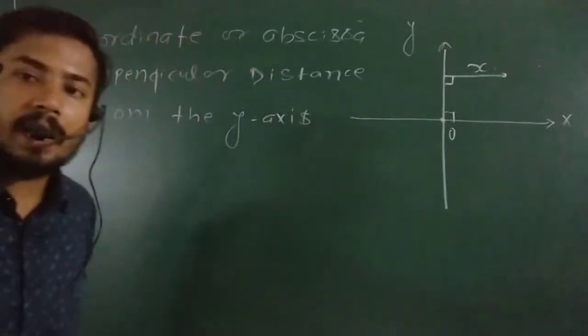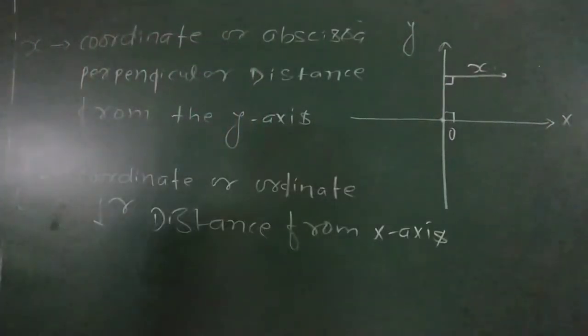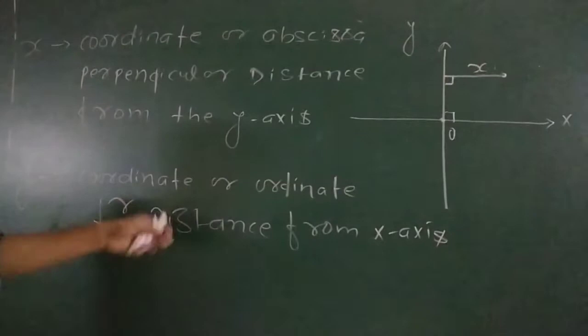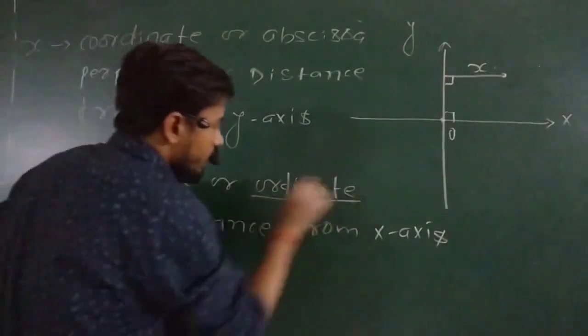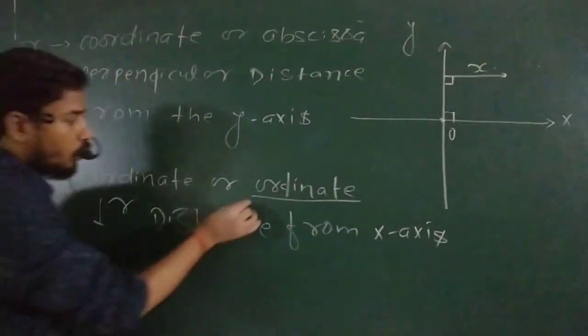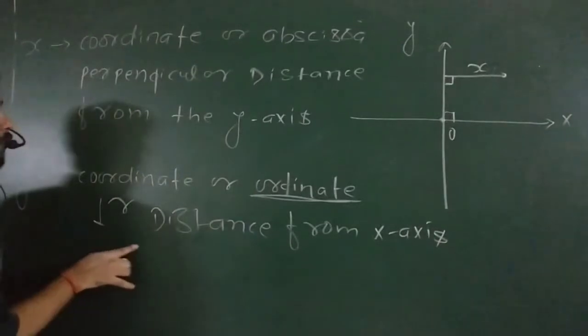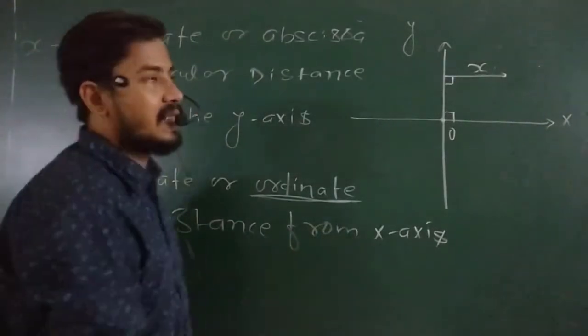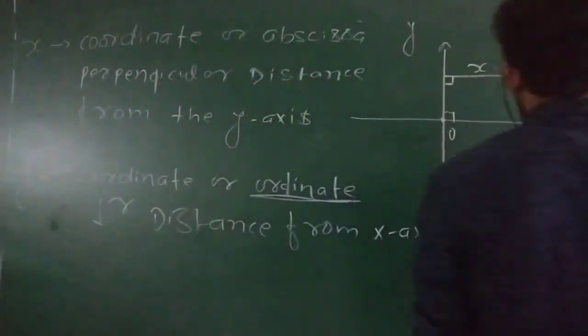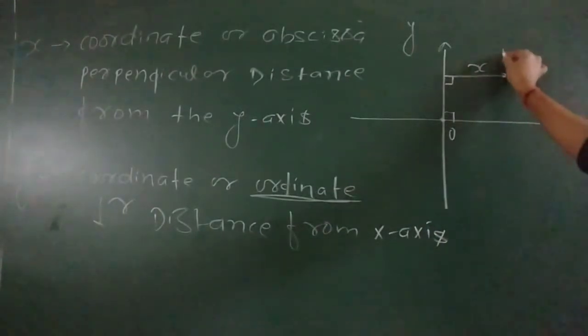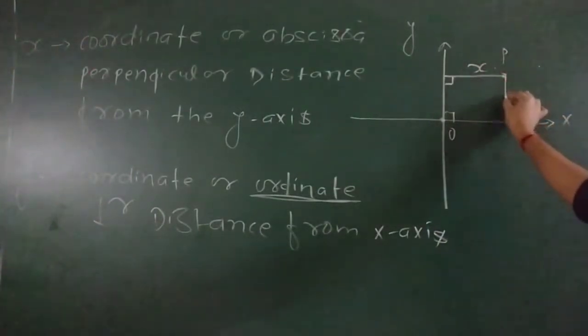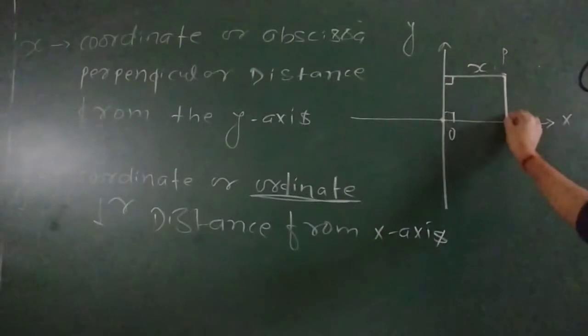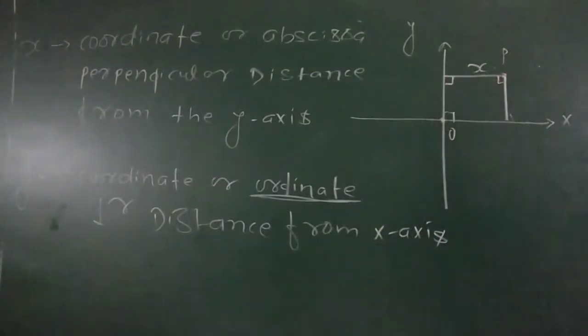Done? Similarly we can write about the y coordinate. Look here, the y coordinate is also known as ordinate, and the perpendicular distance from the x-axis is called the y coordinate. This is a point P, so its perpendicular distance from the x-axis is called the y coordinate.